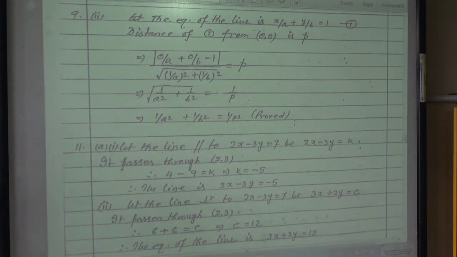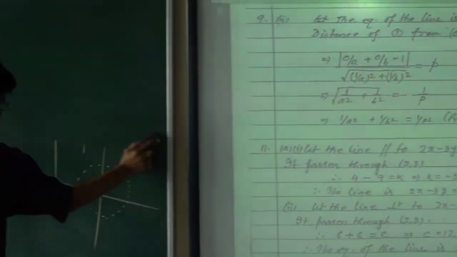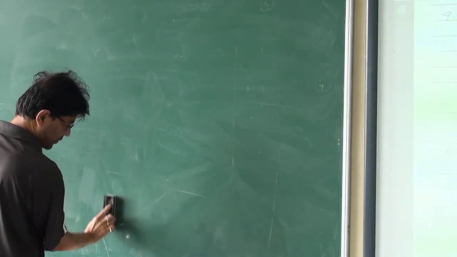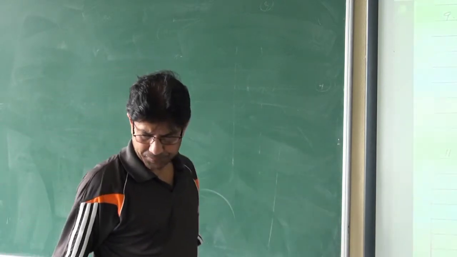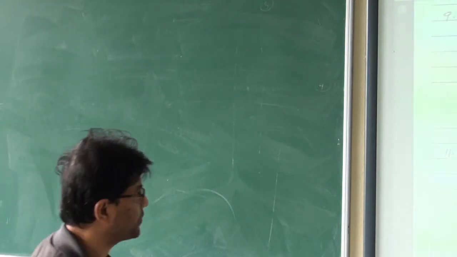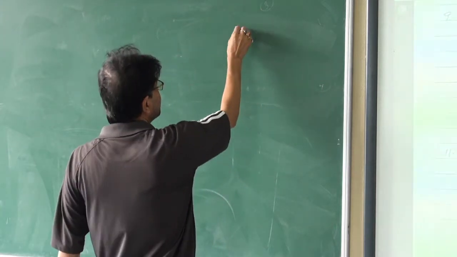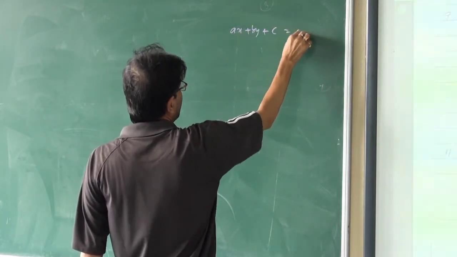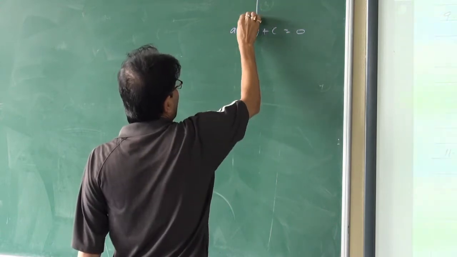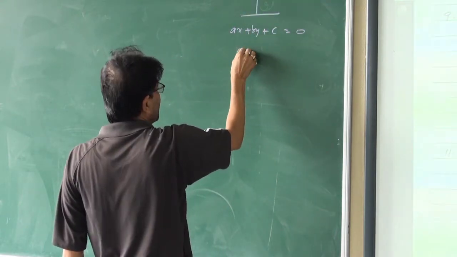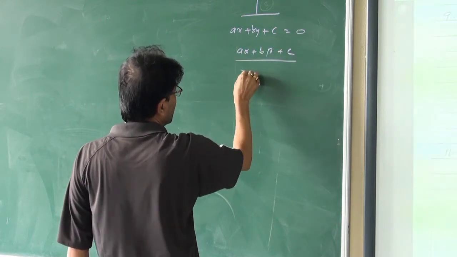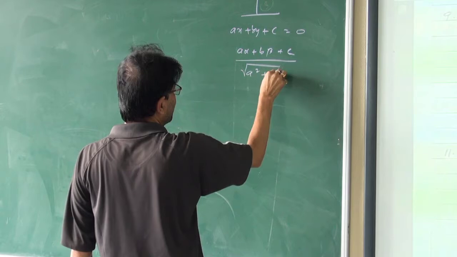What was the formula? For the line Ax plus By plus C is equal to 0, with alpha, beta as the point, the formula was A alpha plus B beta plus C over under root A square plus B square.